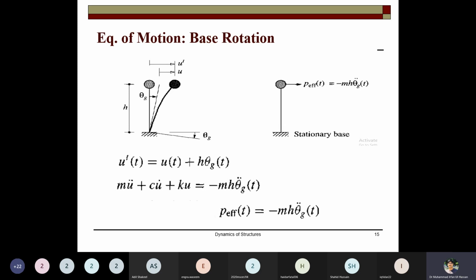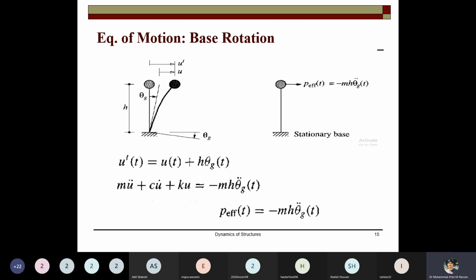Now another system which is not subjected to the ground displacement but base rotation. You know that earthquake sometimes rotates the base of the building. Sometimes it just moves in the translatory direction, one direction, it is a translation. And the other we call a base rotation.